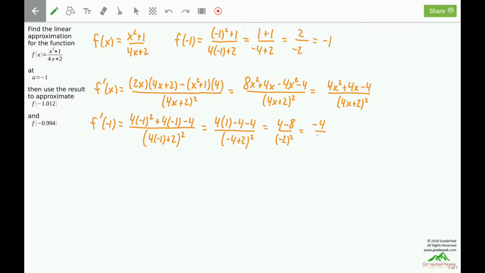Negative 2 squared is a positive 4, and negative 4 divided by a positive 4 is a negative 1.